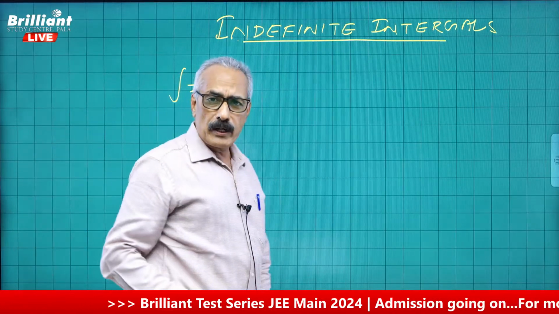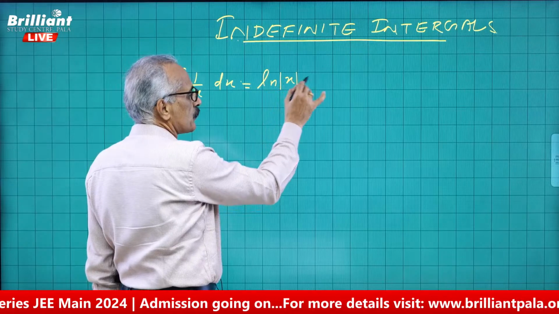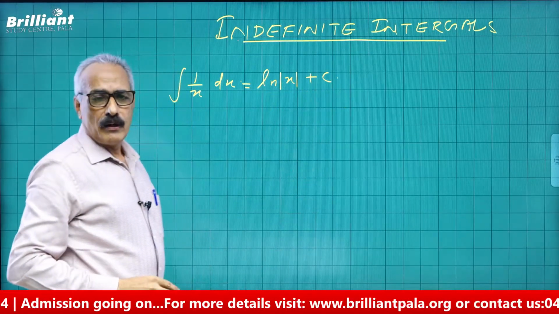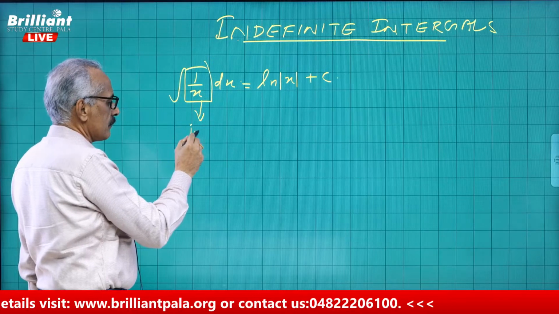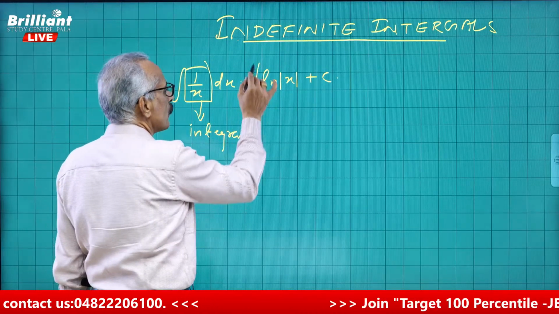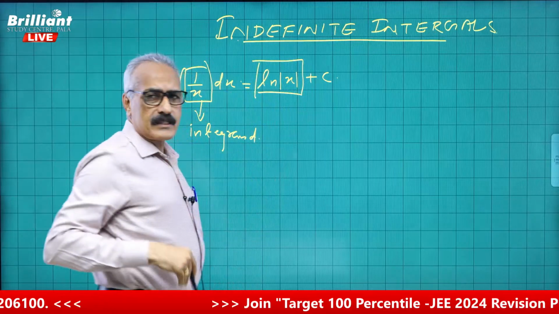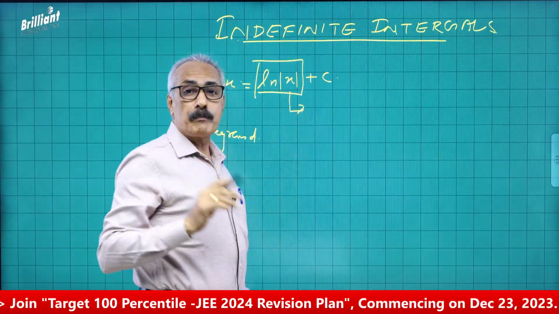What's the integral of 1 by x dx? This is equal to logarithm of x plus c. So this 1 by x is called the integrand. This log x, the answer, is called the antiderivative or primitive.